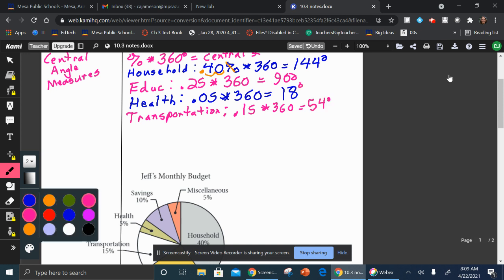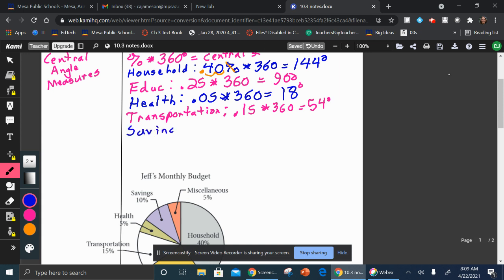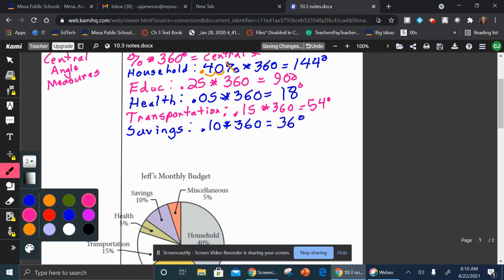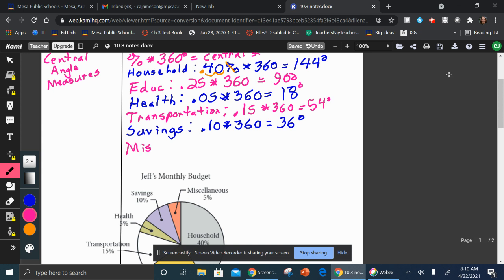And then savings is 10%. So 10% as a decimal times 360 is 36 degrees. And then we have miscellaneous, that's just anything else that doesn't fit in the categories.